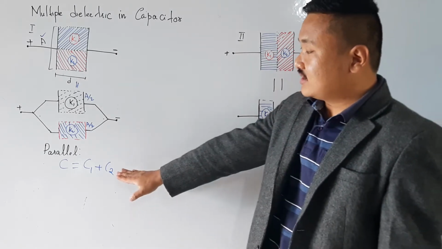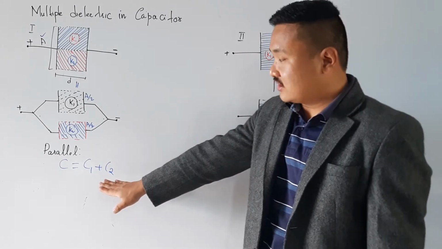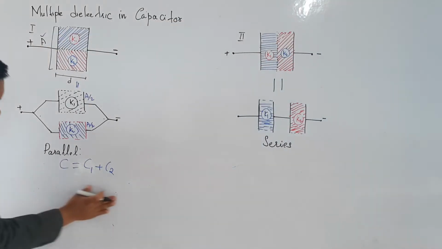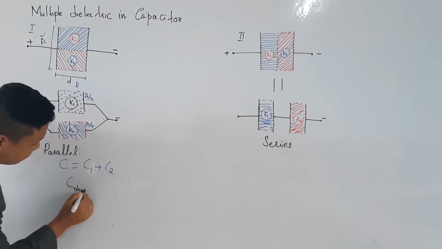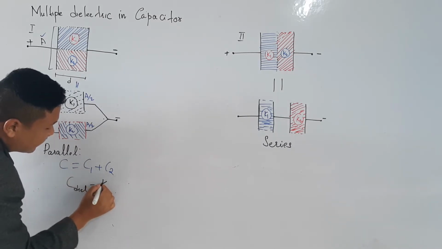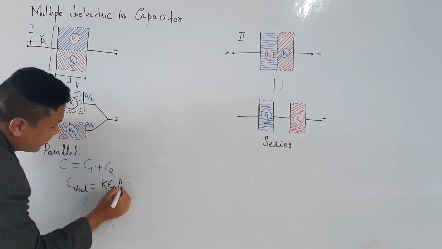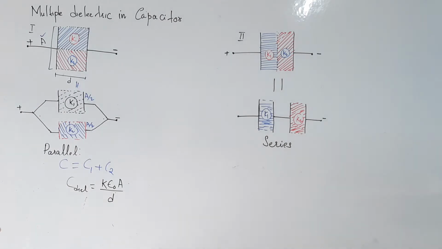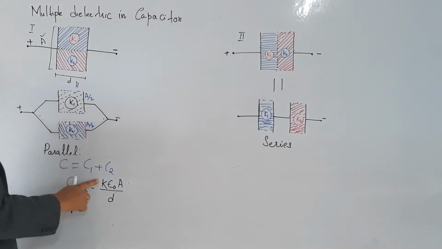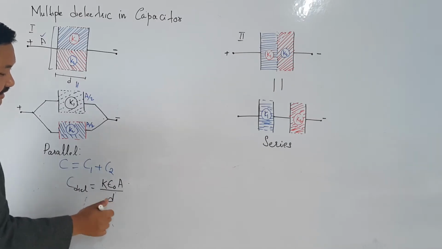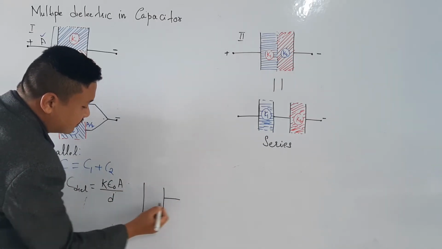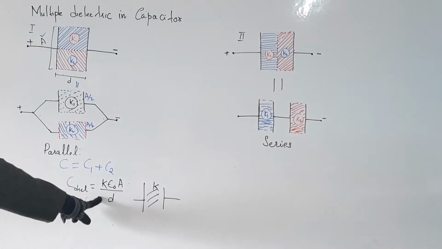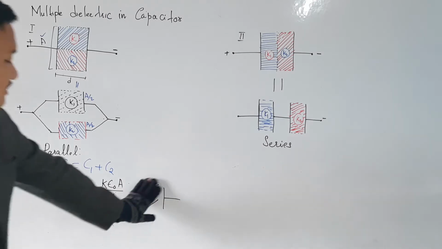This is my net capacitance. Also we know that C dielectric is equal to K epsilon naught A divided by D. This is for this type of dielectric, where this is K. So from this I will now find C1 and C2.